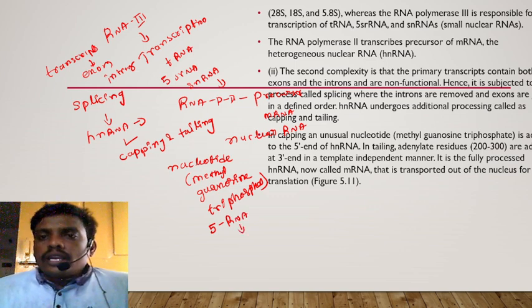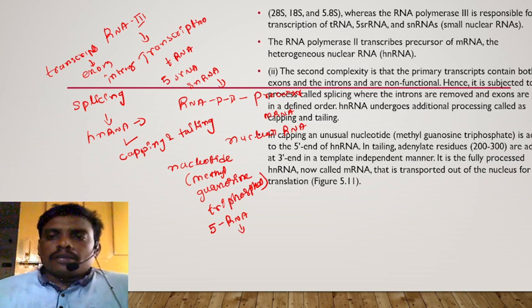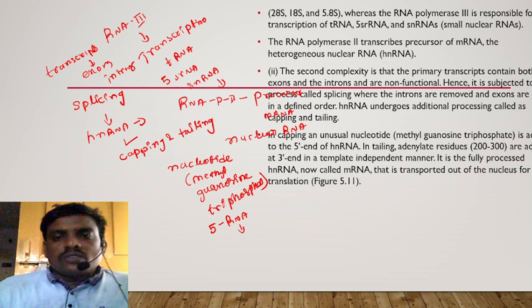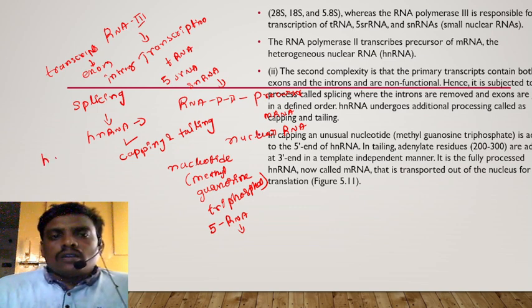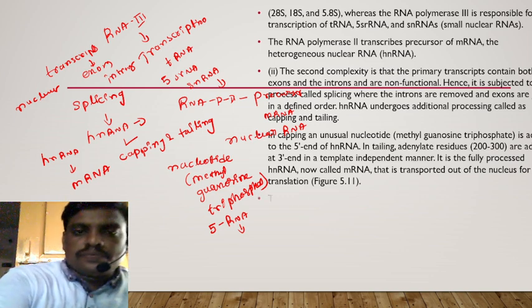In tailing, adenylate residues are added at the 3' end in a template independent manner. So it is fully processed hnRNA, and now it is called mRNA. That is transcribed out of the nucleus and undergoes translation.